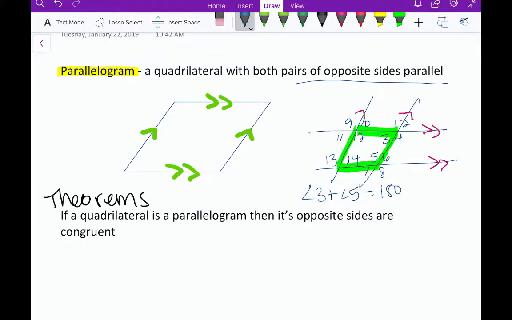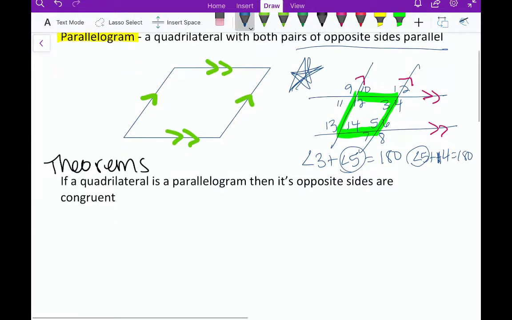Because if 3 plus 5 equals 180 and 5 plus 14 equals 180, then 3 must equal 14 because 5 is congruent to itself. So we're going to see that played out, but if you can understand and remember what we talked about with parallel lines, that's going to make understanding parallelograms so much easier.